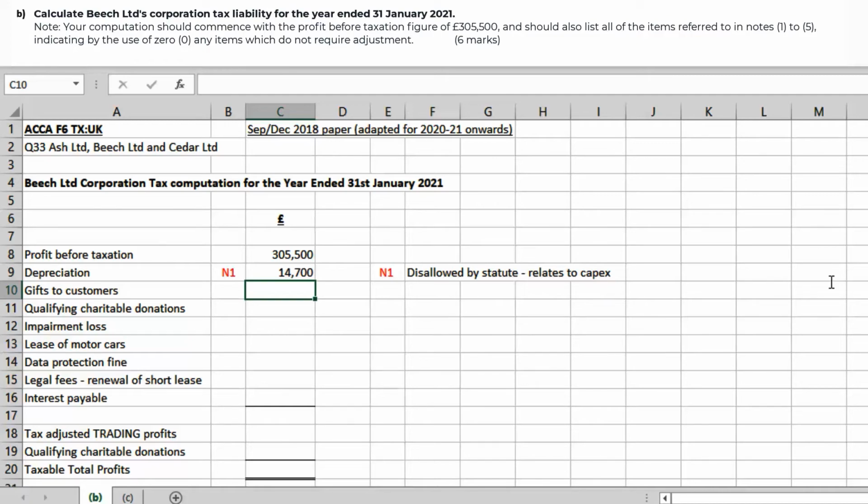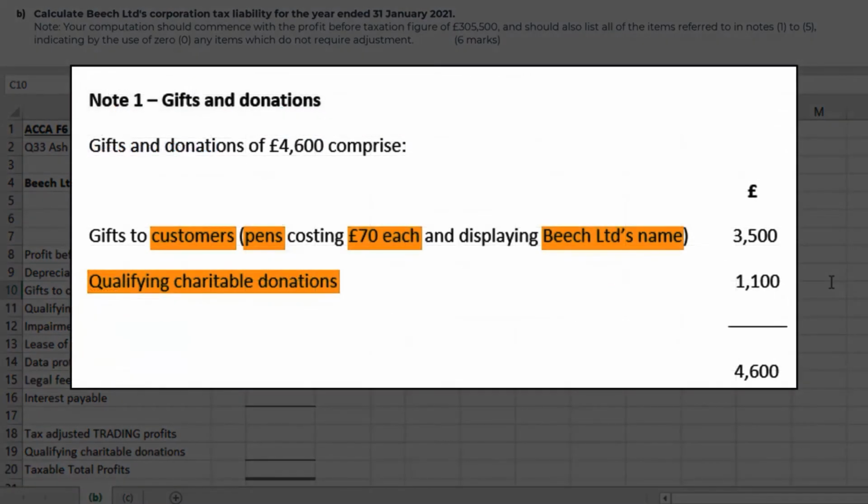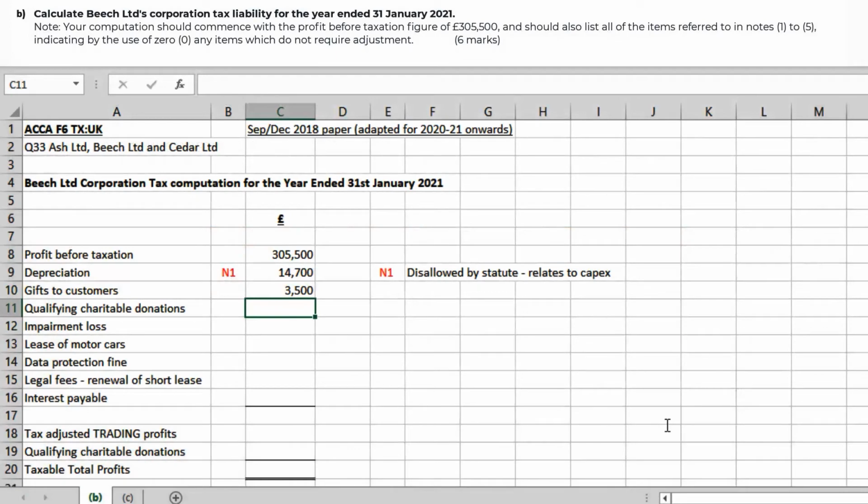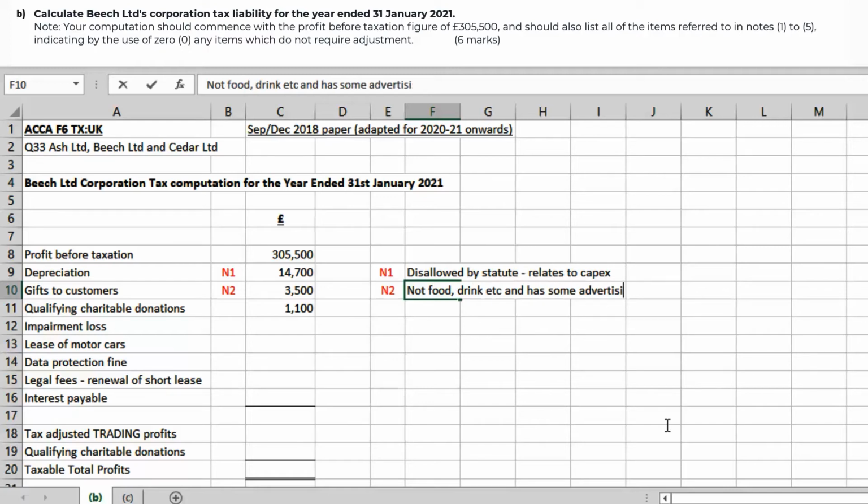Gifts to customers, we said, is disallowable as it costs more than £50 each, £70 each. So 3,500 would be an add back, as well as the qualifying charitable donations of 1,100. 3,500, 1,100, and just make a note for that, saying that it would have been allowable because it's not food, drink, etc., and has some advertising.